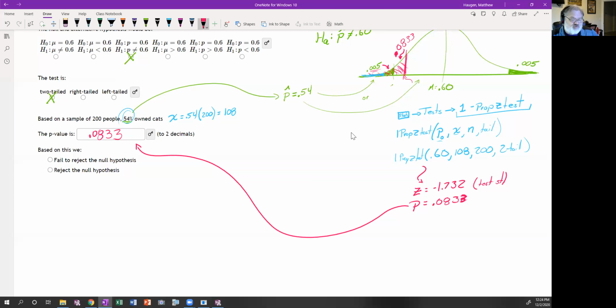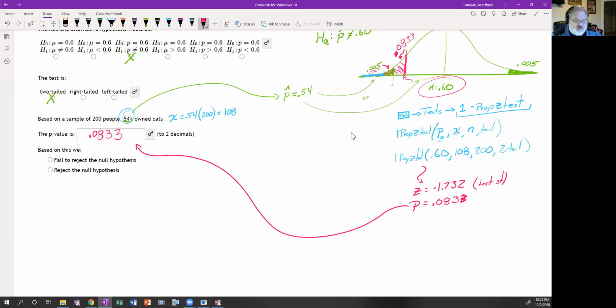So having the true proportion be 60 and you get 54% instead, and somebody says, well, what's the chance of getting something so small? Yeah, it's an 8.33% chance of getting something that small. It's almost 10%. That's going to happen all the time. That's going to happen like 1 out of every 11, 12 times you take a sample. That doesn't prove or make me worry about my assumption of 0.6 at all.